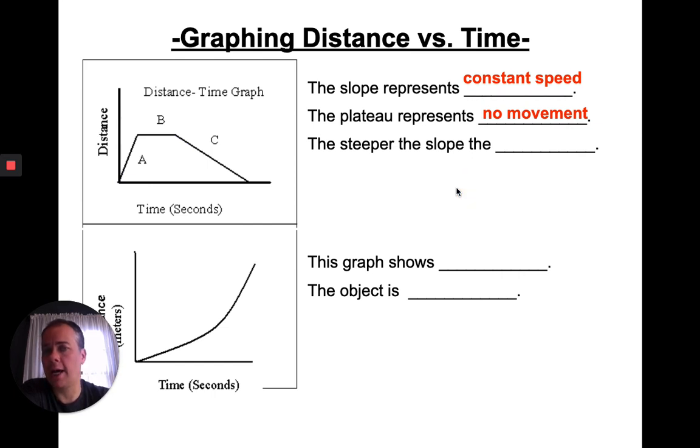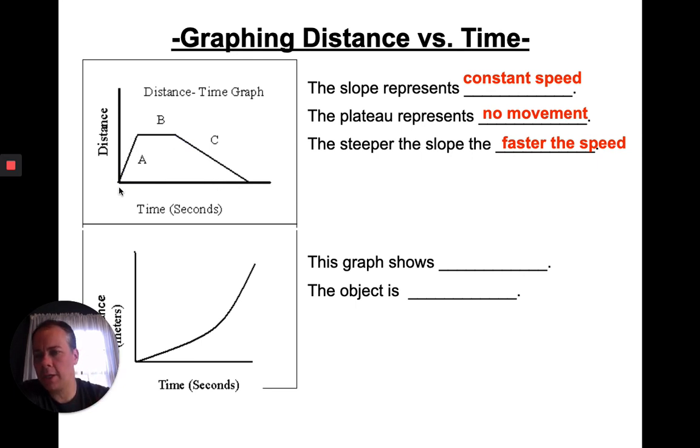The object is stopped. And the steeper the slope of this line is, think about what does that mean? A steep slope means in a short period of time, the object is traveling a farther distance. It means the steeper the slope, the faster the speed of the object.